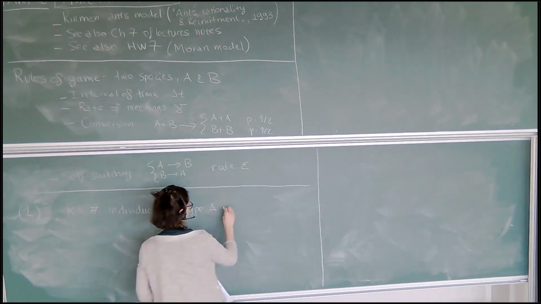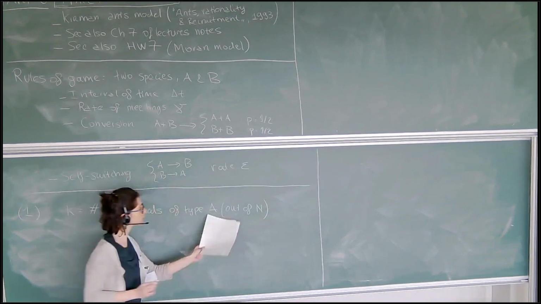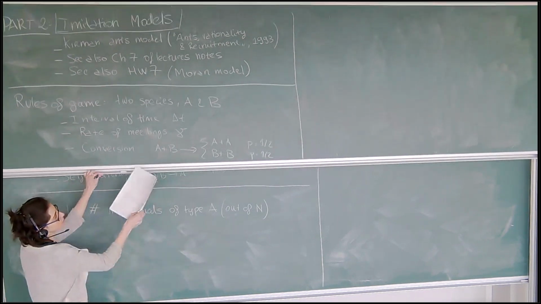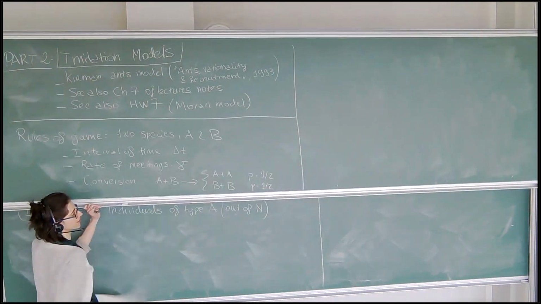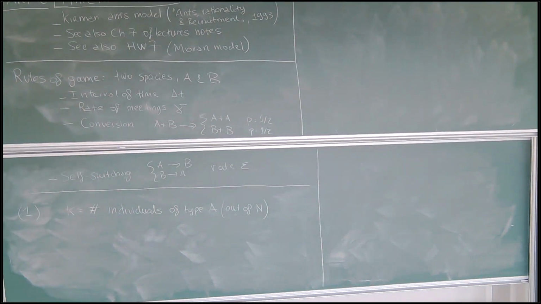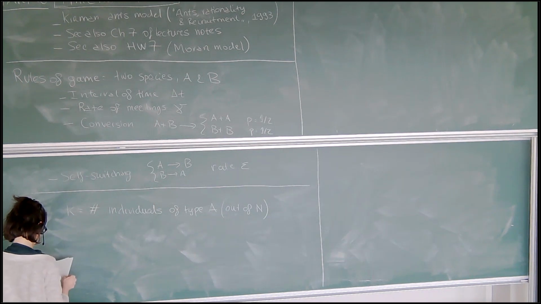So let's say that we have a total of n individuals. As you see, with this type of dynamics, n remains constant, because every time two individuals meet, they can change their opinion, but you end up with two individuals at the end. So n remains constant, and k is the variable which changes with time, which denotes the number of individuals of a given type.